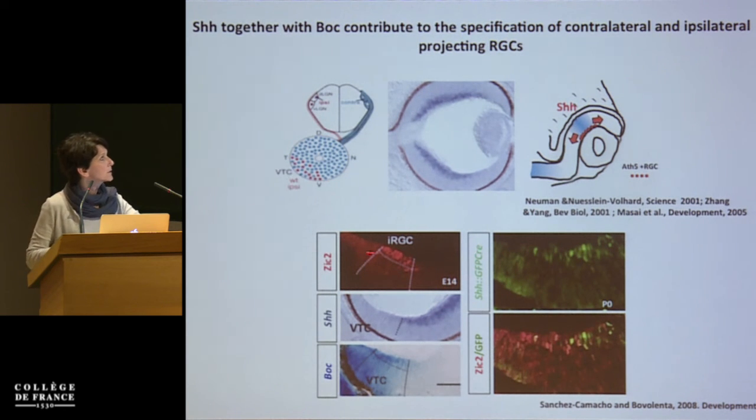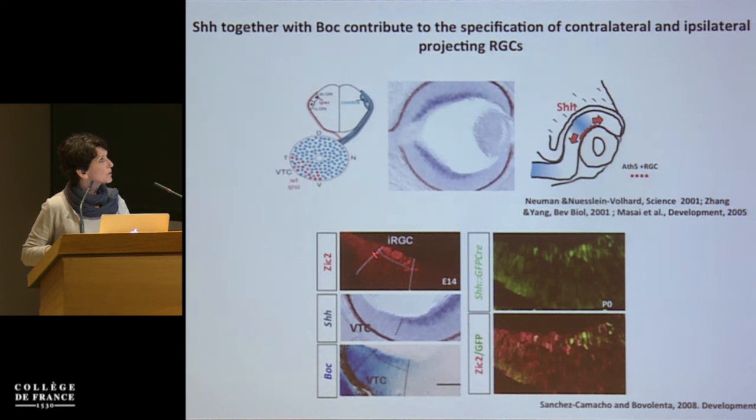However, in the ventrotemporal region, sonic is not expressed, but these cells express a transcription factor, ZIC2, and the BOC receptor, which is the homologue or a paralog of KIDON with a similar function.